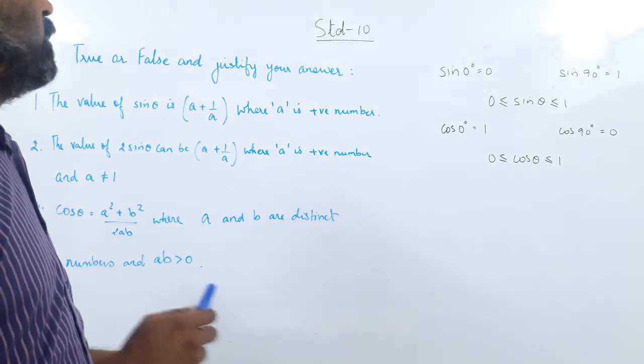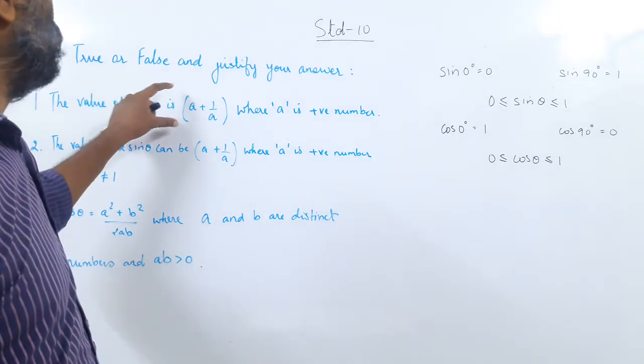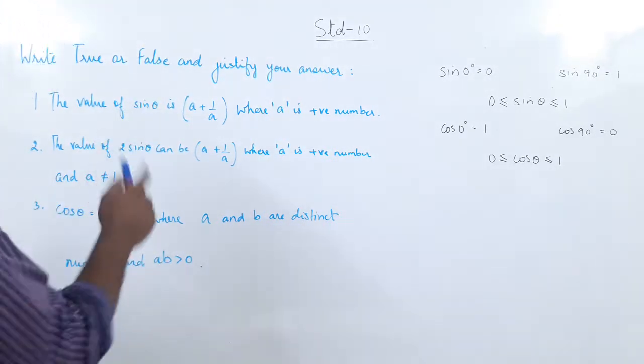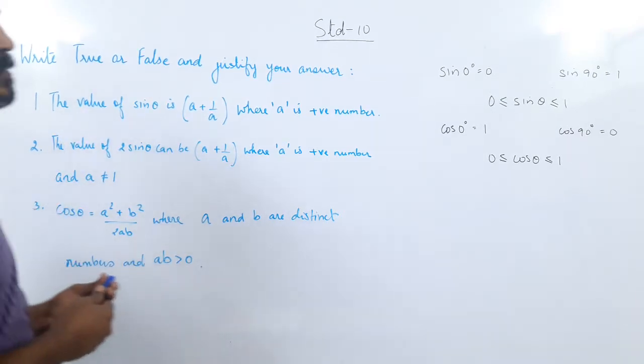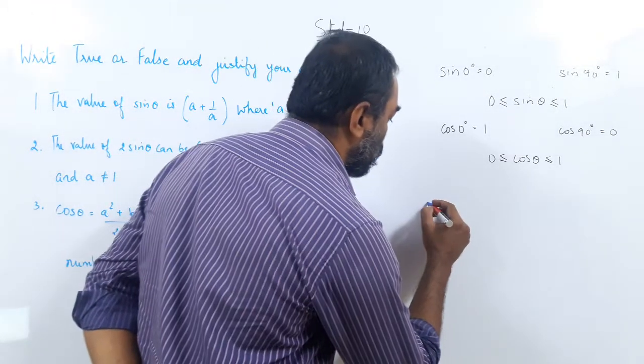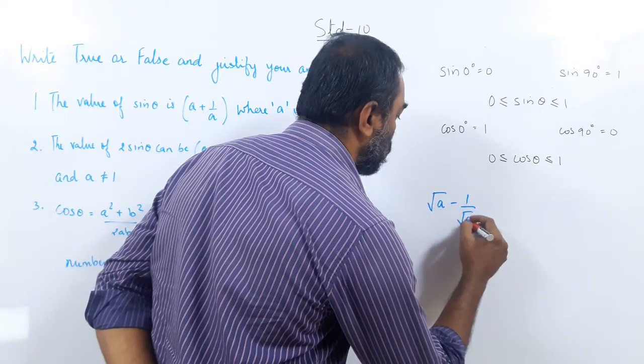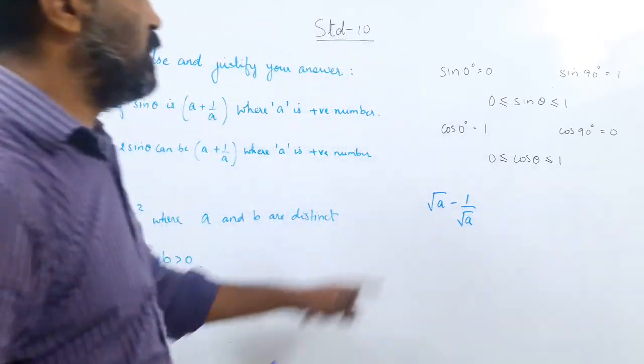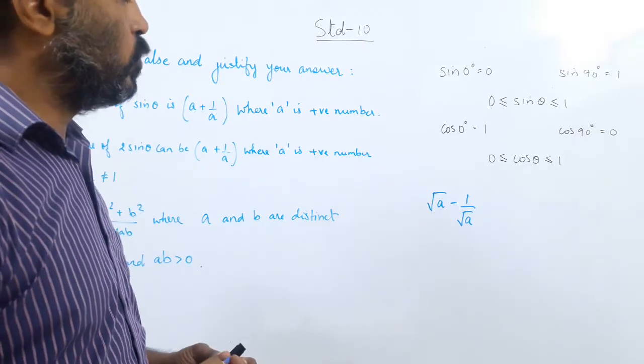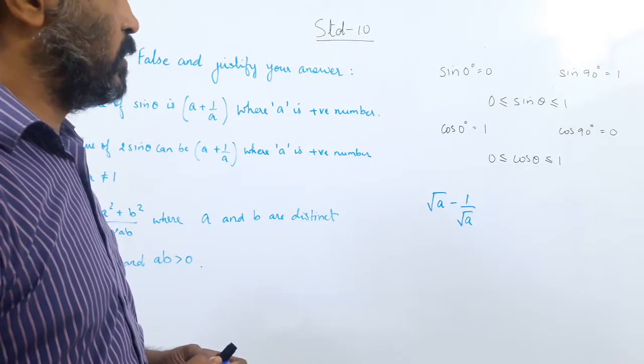So now this is a very important step because here you have to begin the sum, and to begin this sum you will have to take an assumption, which is I am going to write root a minus 1 upon root a. You will shortly see why I took this. Root a minus 1 upon root a.